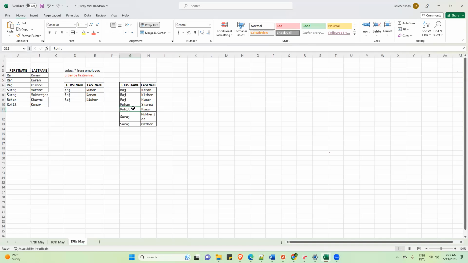In Rohan Sharma and Rohit Kumar, the first character R is the same, the second character O is the same, the third character H is the same. Then in Rohan you have A, in Rohit you have I. So A comes first, then Rohit. And then Suraj Mukherjee, Suraj Mathur. Why has Suraj Mukherjee been placed before Suraj Mathur?